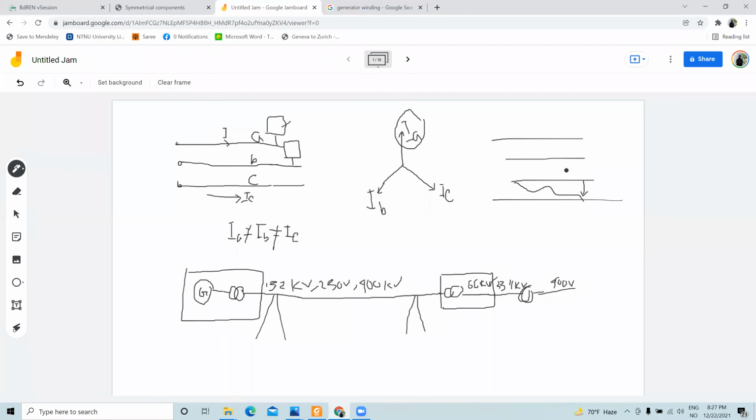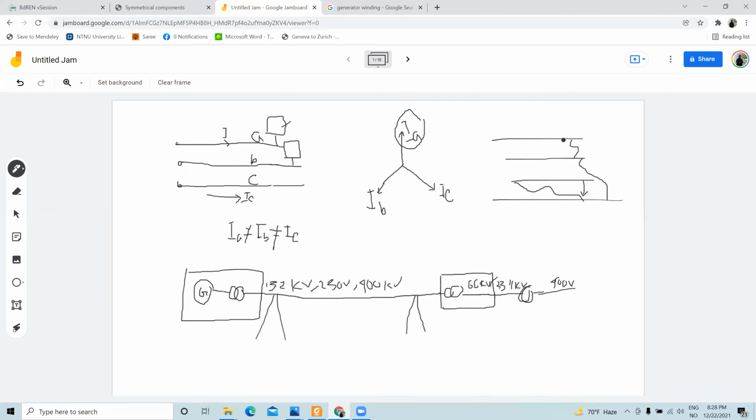You may also have a line to line fault. One of the lines may touch the other, because of mechanical damage or because of high wind, and there will be a short circuit between the two phases. It may happen that two of the phases are short circuited and then touch the ground, so we also call it a double line to ground fault.